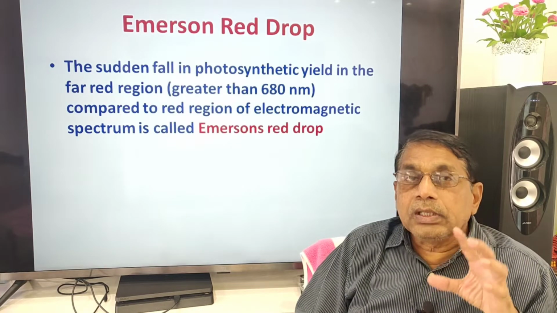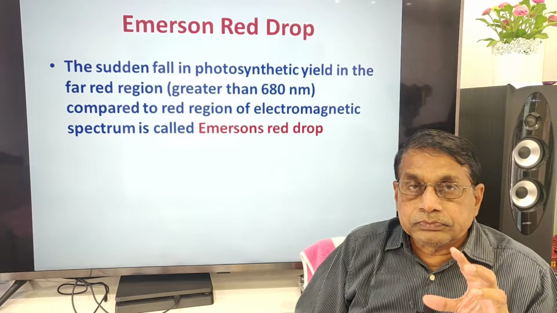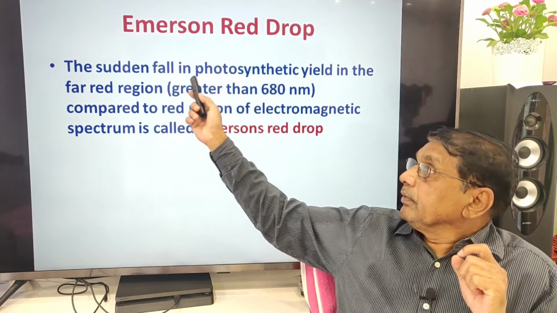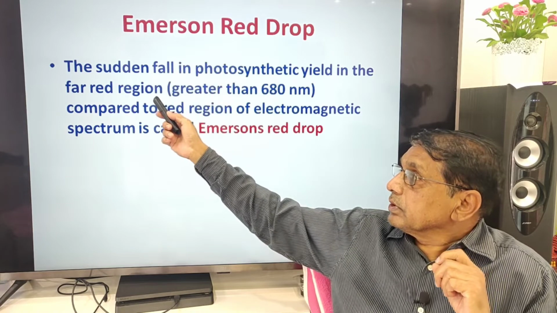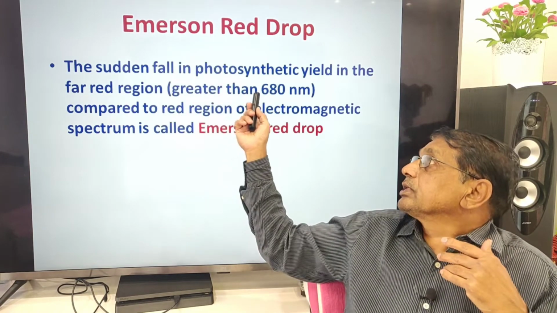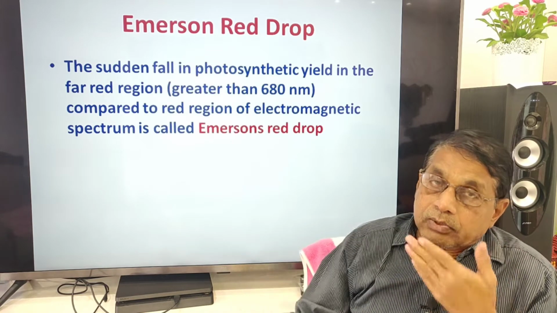Again, the sudden fall in photosynthesis in the far red region, more than 680, 700 or above 700.